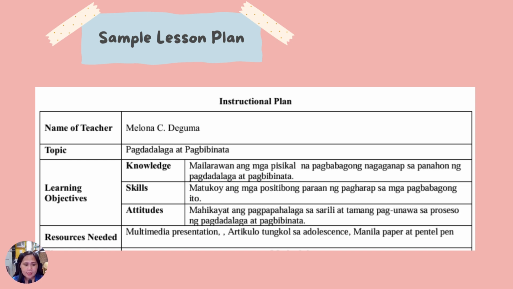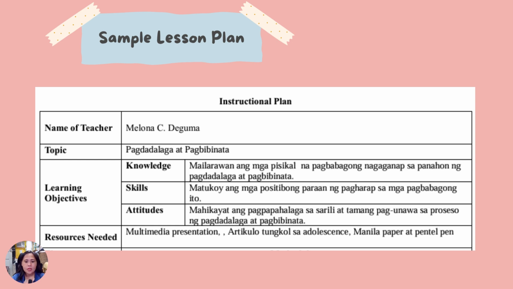For the skills, if knowledge is more on cognitive or the mind, skills is how the learners demonstrate or perform what they understand cognitively. So in here, it's more on performance.